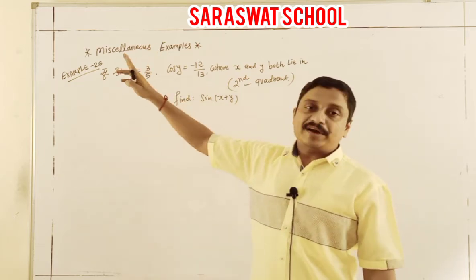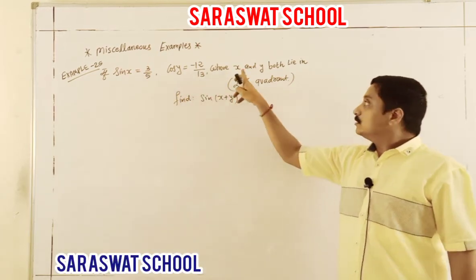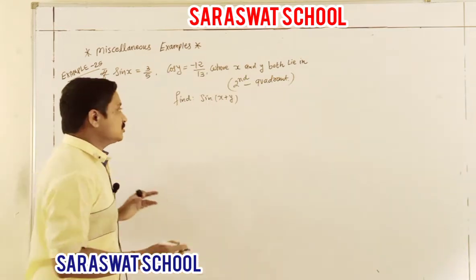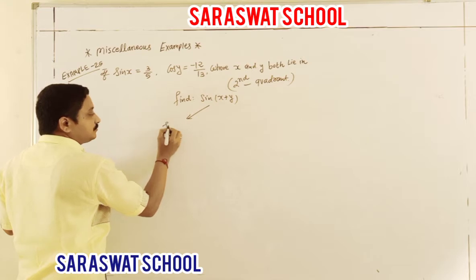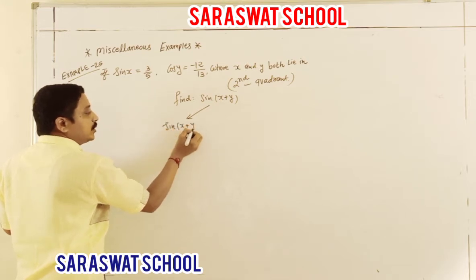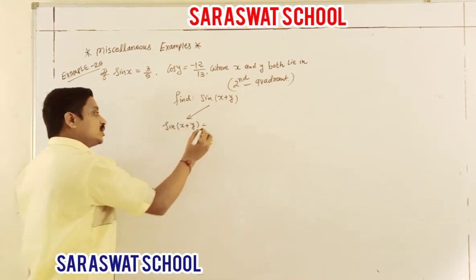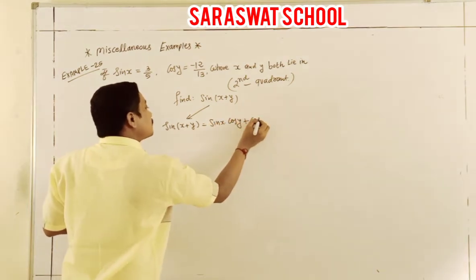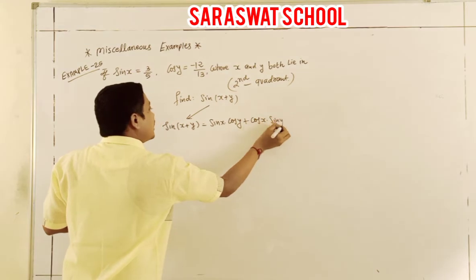Now question number 25: sin x given, cos y given, both are in the second quadrant. Find the value of sin(x plus y). Students, you know this formula. Before starting this numerical, first be clear what the formula is: sin x cos y plus cos x sin y.